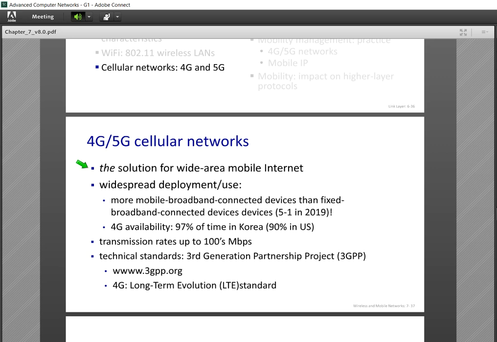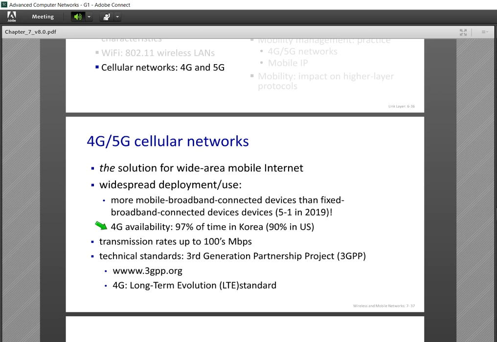It means that if I have one fixed broadband connected device on the internet, at the same time I have 5 different mobile broadband connected devices. That is great. It means that most of today's internet users are using mobile services rather than fixed connections.